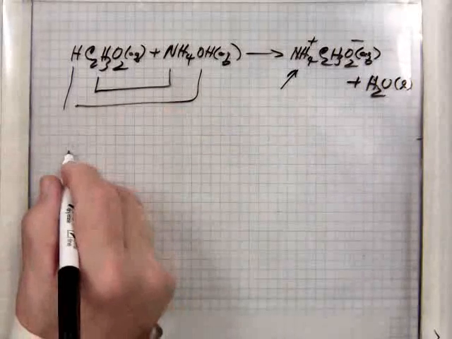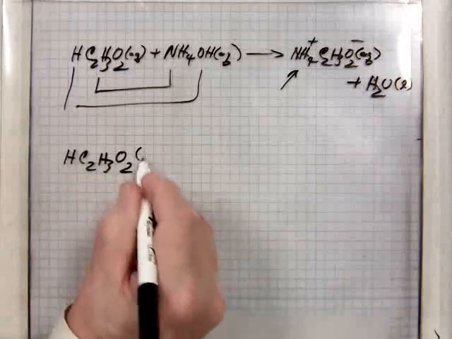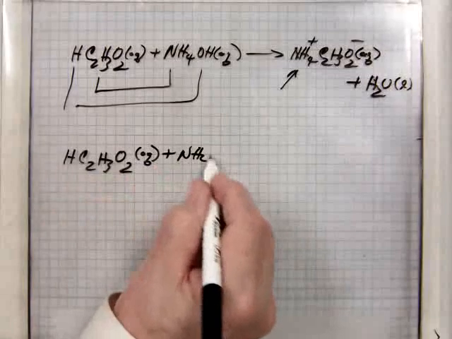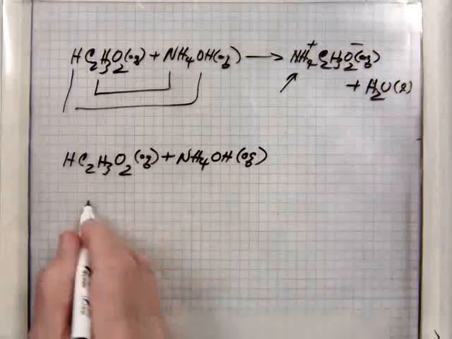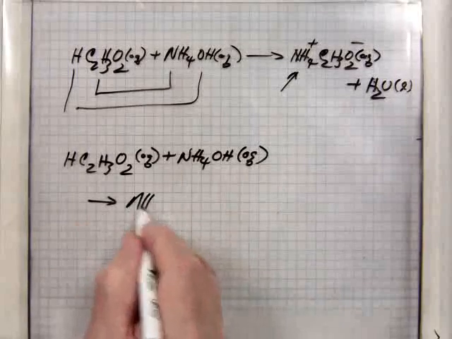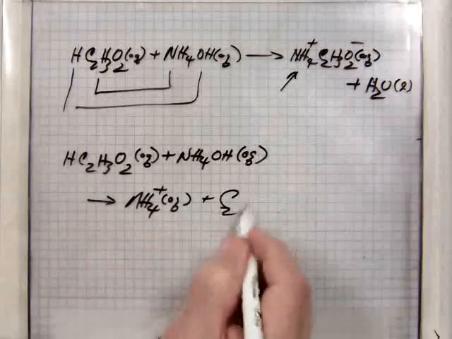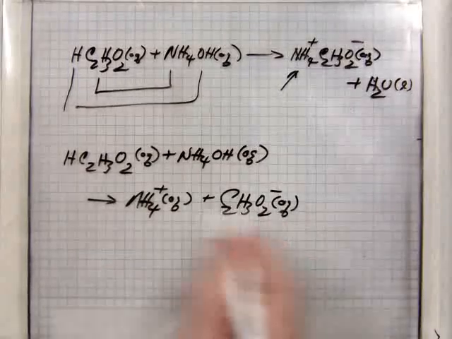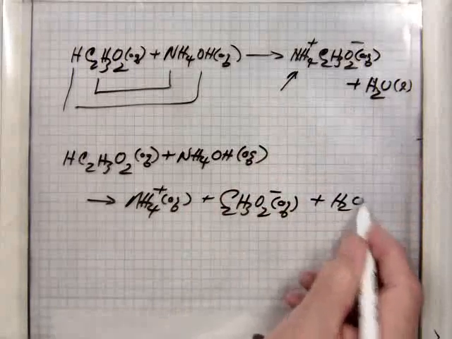So when I write the ionic equation, I wind up with the ammonium ion and the acetate ion, because that compound's a salt, and then I put H2O as a liquid.